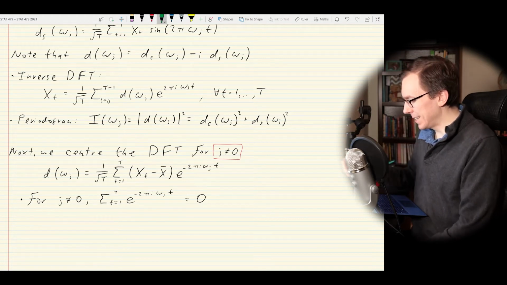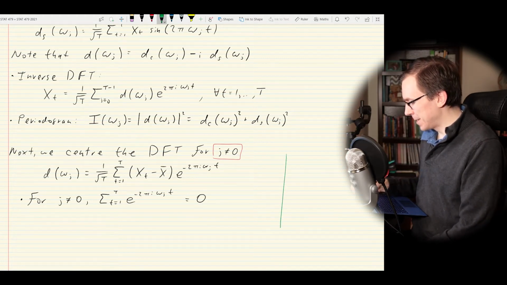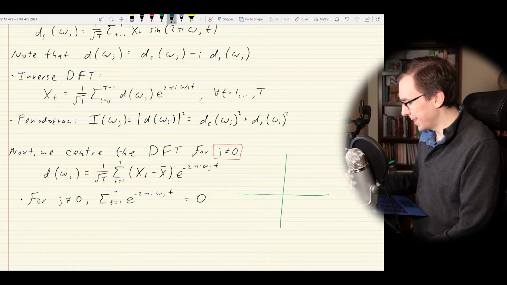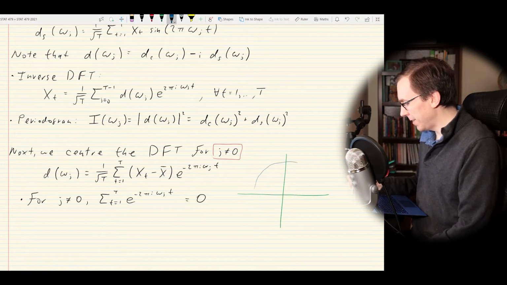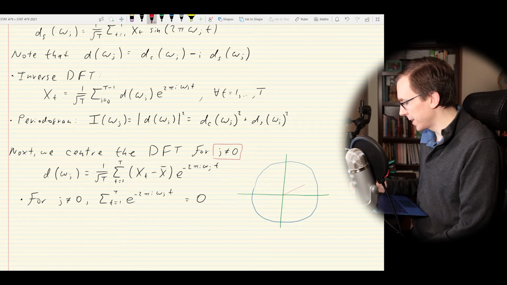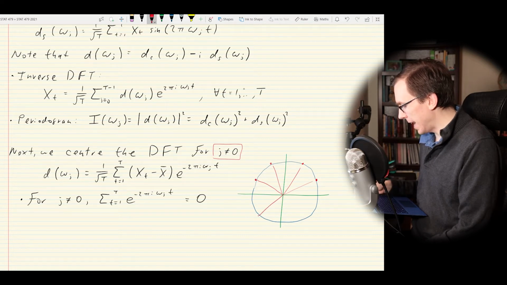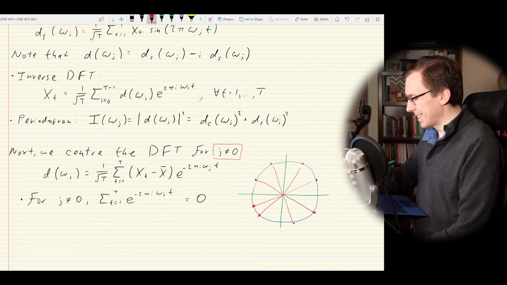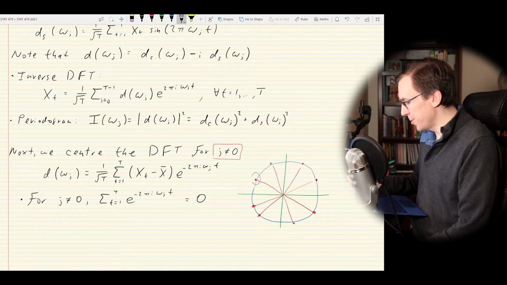So in a sense, this is probably not the best picture, but we're going to do it anyway. If you imagine that all of these complex exponentials lie somewhere on the unit circle, then it's like saying we're going to take this point and add this point and add this point and add this point and add the antipodal points, which I'm messing up here a little bit, but the point is that when I add two antipodal points together, I get 0.